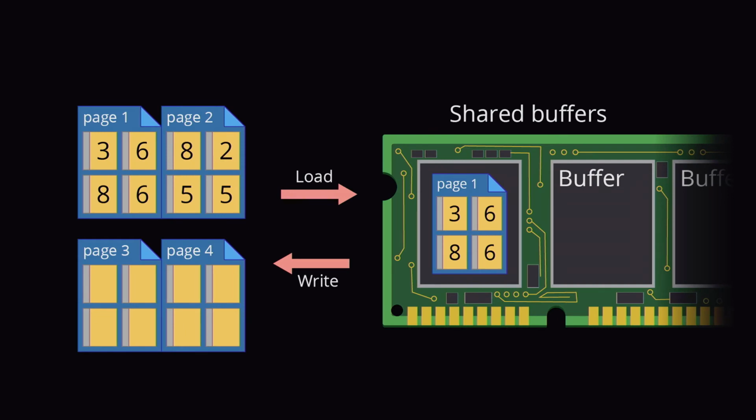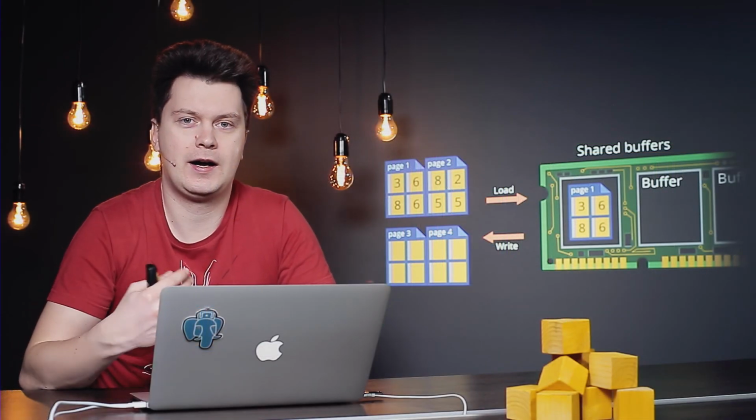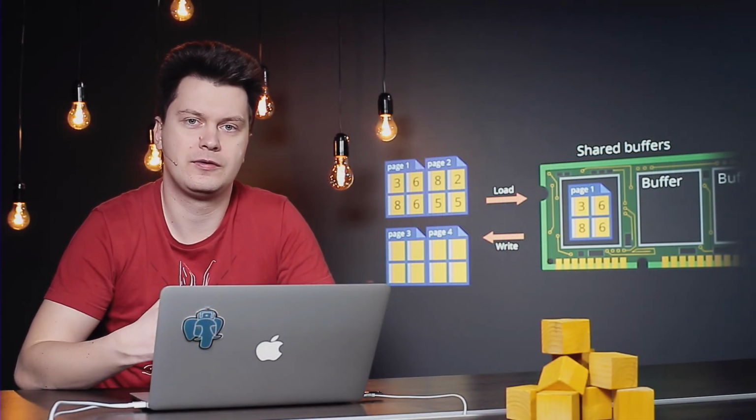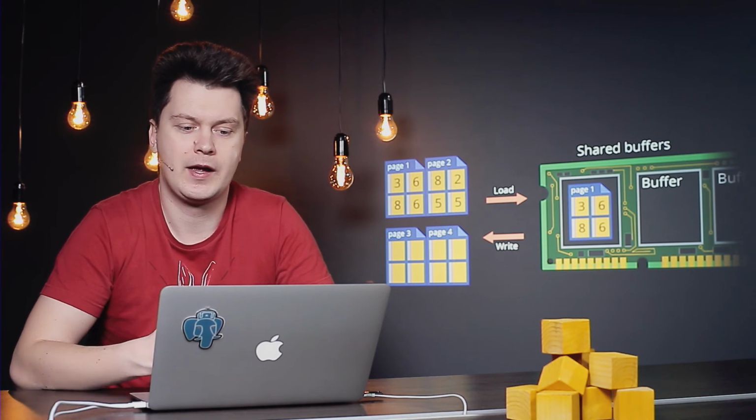Page is represented via buffer. It can reside only on disk or on disk and in shared buffers. This is a specific part of computer memory which is devoted to making access to disk pages faster.